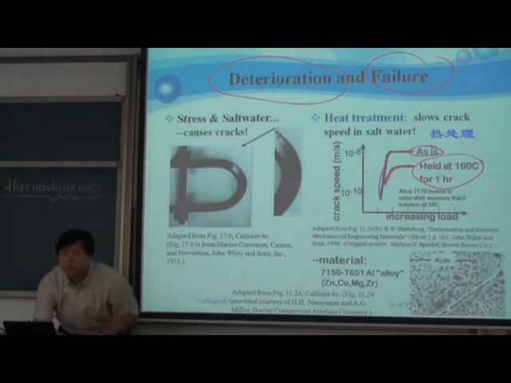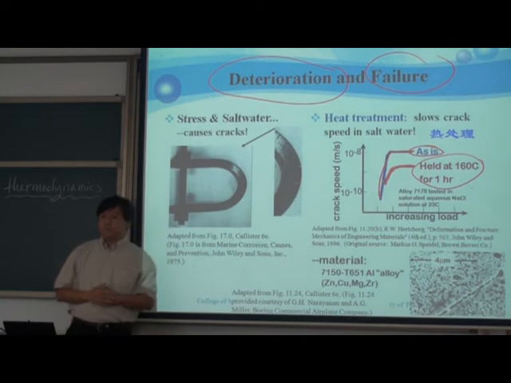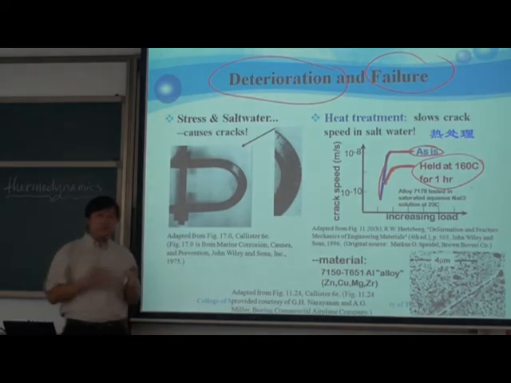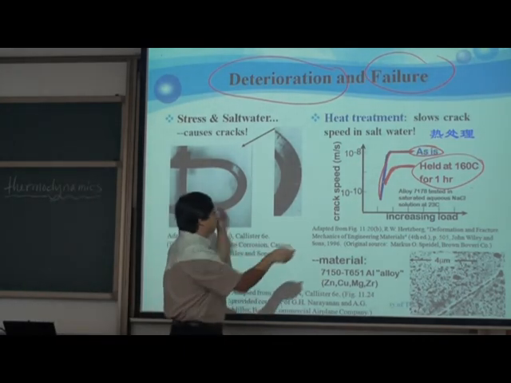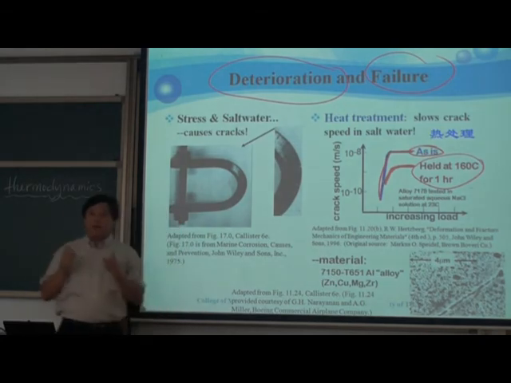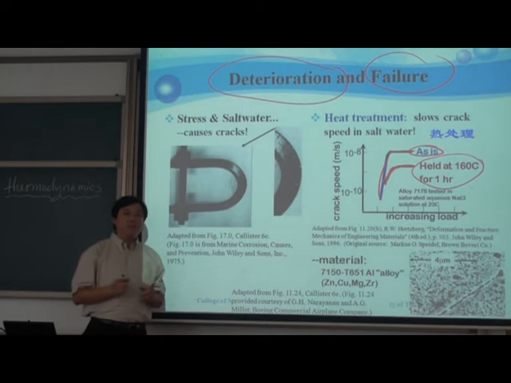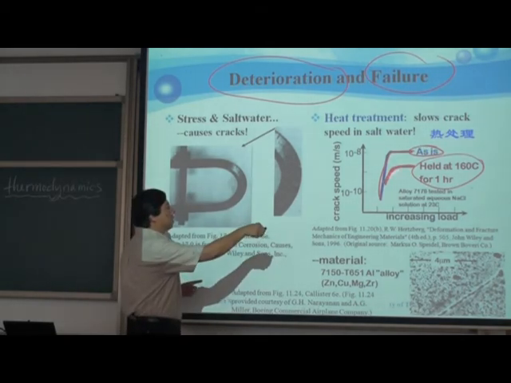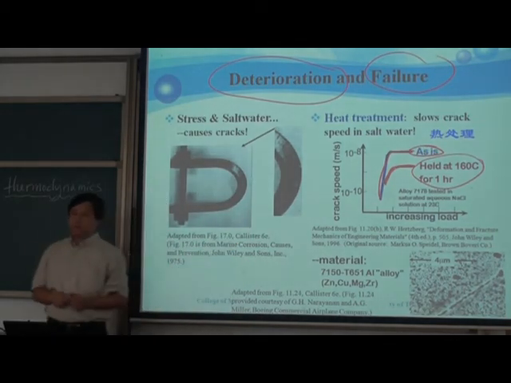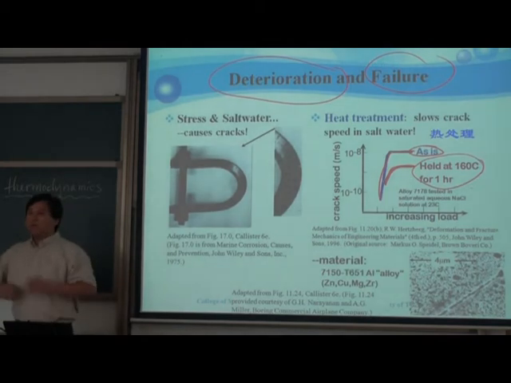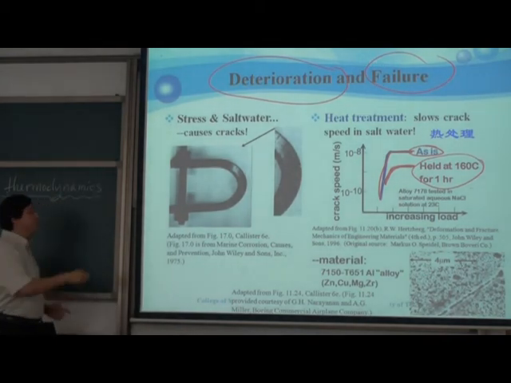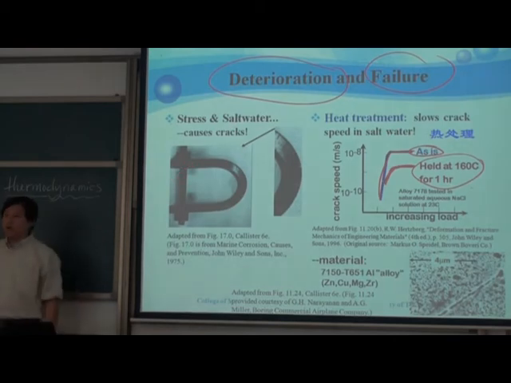It's going to be much slower, which tells us that heat treatment is a very effective way of slowing down the crack growth speed, even though you put exactly the same material into the same environment, into the same salt water under exactly the same mode.